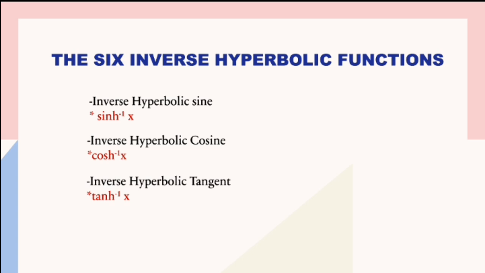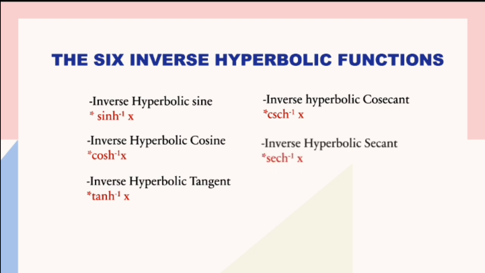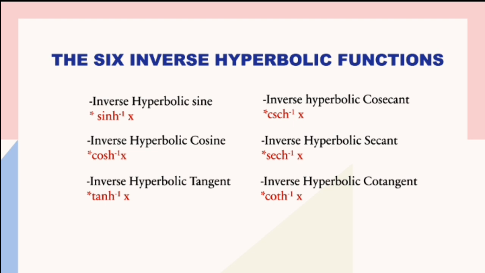Same as the inverse hyperbolic cosecant, also known as arccsch x, and the inverse hyperbolic secant or arcsech x, and the last one is the inverse hyperbolic cotangent, read as arccoth x. Those are the six inverse hyperbolic functions.